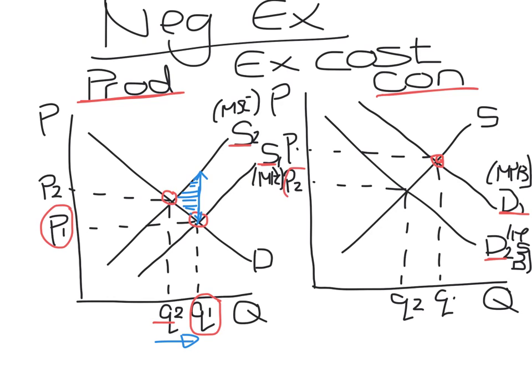Therefore, the price would be a lot lower because there's less demand in the market. And when demand shifts, we get a movement along the supply curve. So we'd actually be at this equilibrium here, and we'd see that the quantity would be much lower than it actually is at Q1. But the consumer doesn't take into account the full cost of their activity.